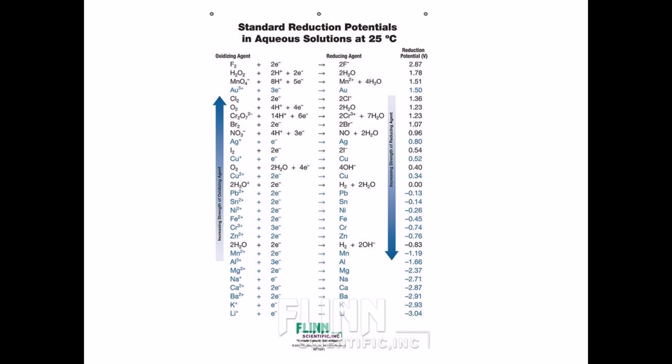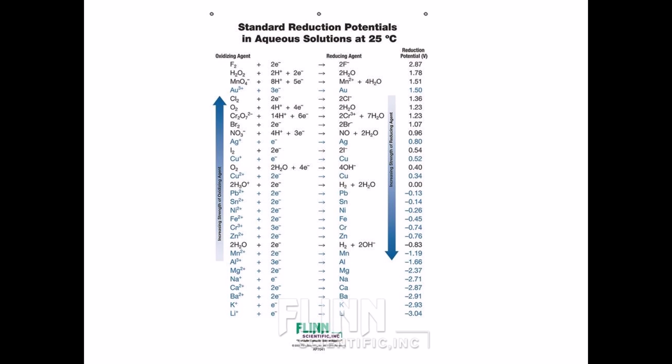So for this table, it means that as a reduction, because all of these are written as reductions with our electrons on the left side, the first part of this table is spontaneous. But the bottom part of the table is non-spontaneous as a reduction, meaning it would rather be oxidized than reduced.